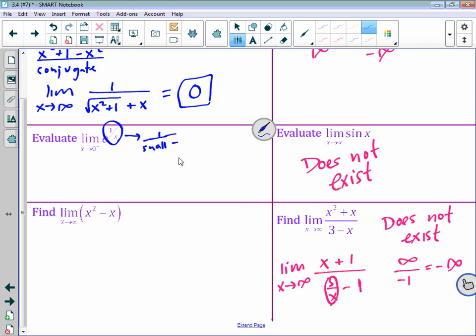Negative. So if I have 1 over a small negative, what's that going to go to? Negative infinity. So it's kind of like I have e to the negative infinity, right? This is just scratch work. I'm not writing anything equals this. Isn't e to the negative infinity the same as 1 over e to the infinity? So what does that go to? It goes to 0.